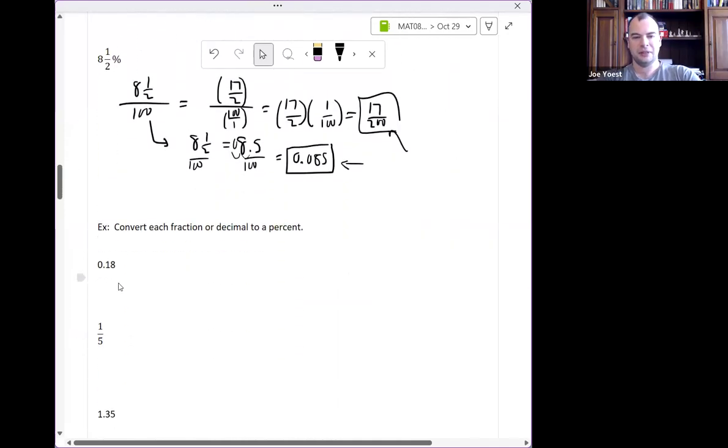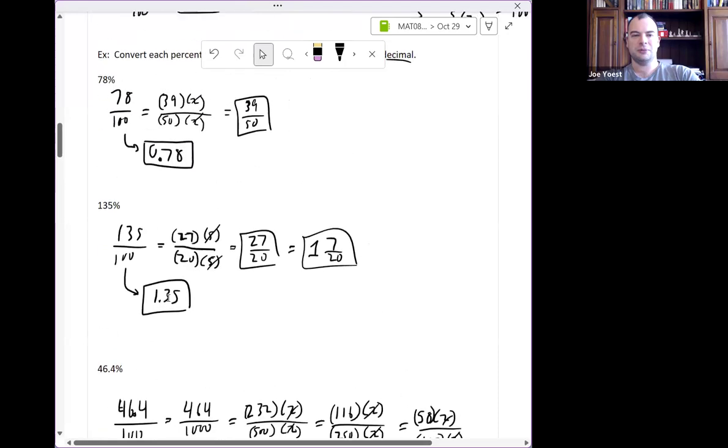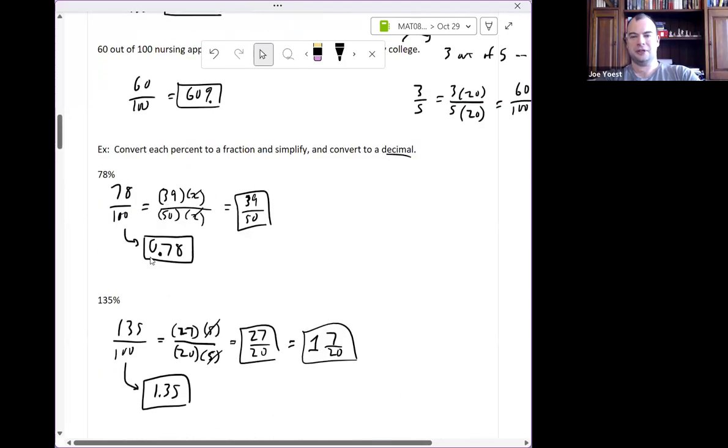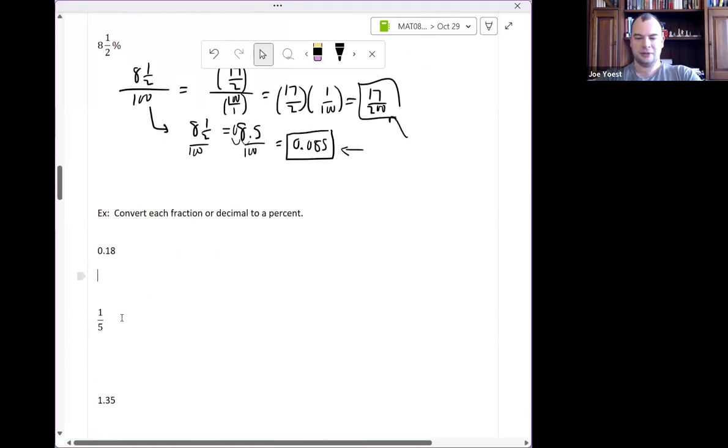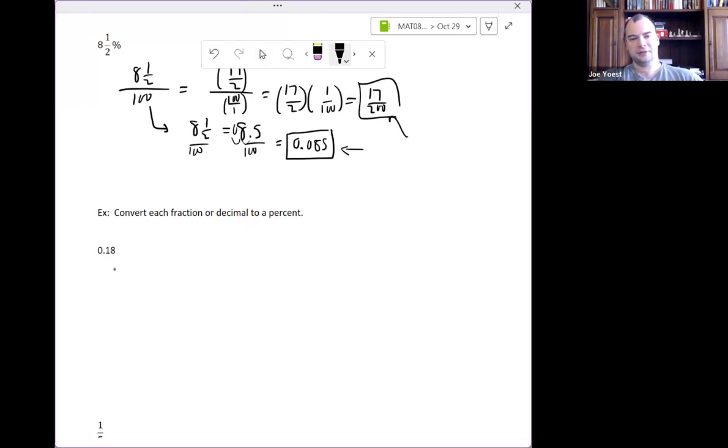Okay. So next up, convert each fraction or decimal to a percent. So we converted from a percent to a fraction or decimal, we go the other direction. So if I have 0.18, I want to rewrite this as a fraction with a 100 on the denominator. So how do I do this?